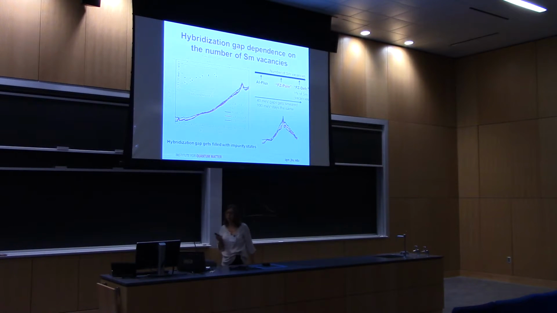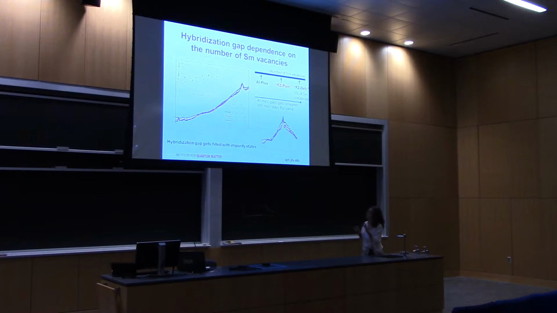Okay, so now we will look at what happens with the hybridization gap when we vary the number of samarium vacancies. The spectrum which I was showing belongs to the intermediate case of the pure sample, where we see both features developing. If we go to the purest sample, then we see this.